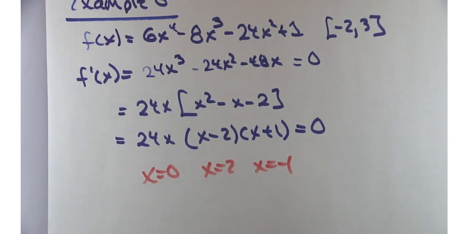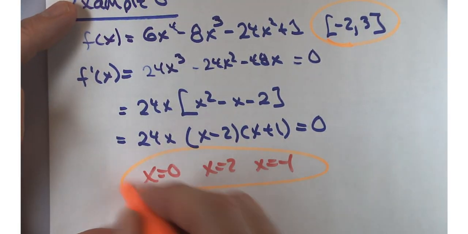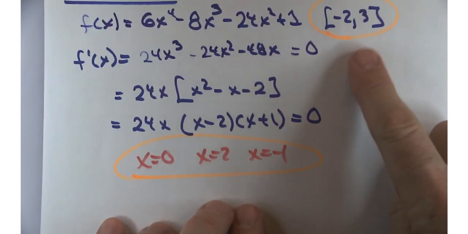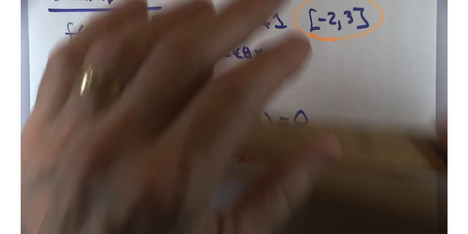Now to find the maximums and minimums, you have to look at 2 sets of points. You have to look at the endpoints here and you have to look at the critical points. We don't need to look at the graph at all. All we need to look at, the function, is at these points. So let's make ourselves a little table here.